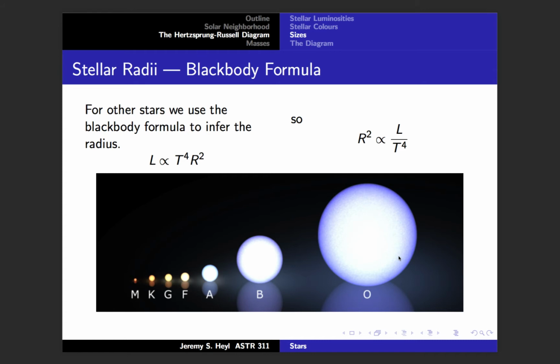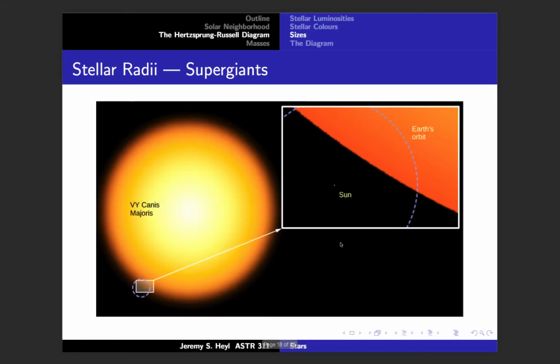The range in mass goes from maybe 40% of the mass of the sun, up to 20 times the mass of the sun. But physically, they don't get that much bigger, maybe 20 times bigger. They're not so big.